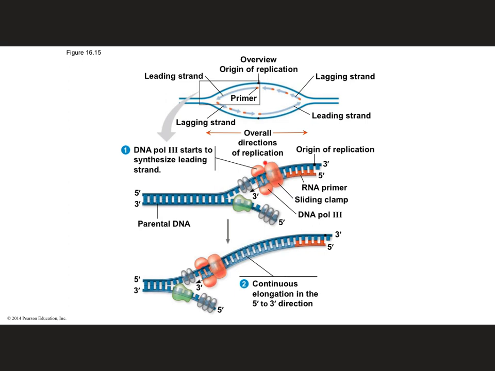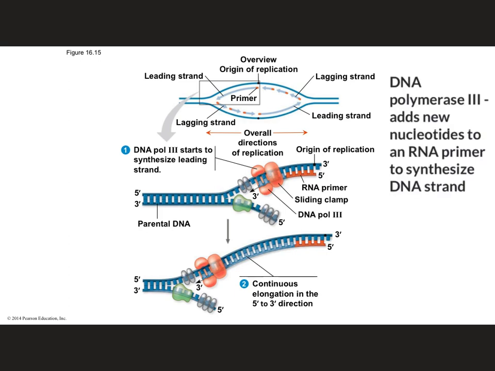So it's going to recognize that primer position that was made first by that primase, and then DNA polymerase is going to continue synthesizing that DNA strand. The DNA polymerase will continue to add those nucleotides until the new strand is synthesized.